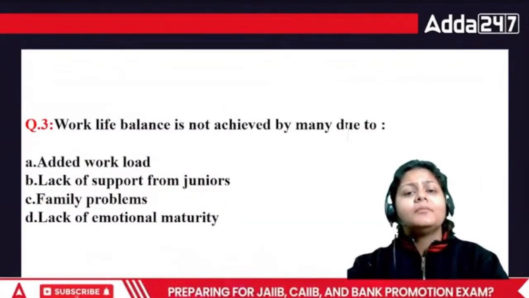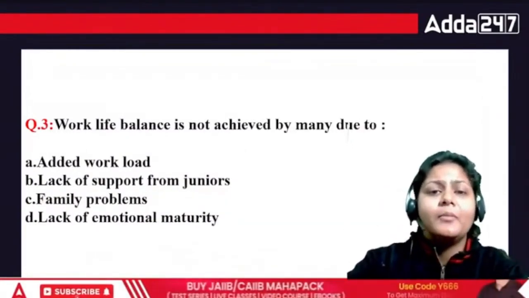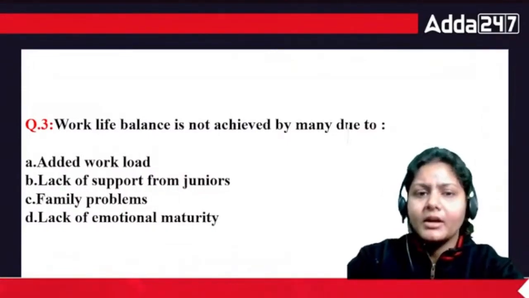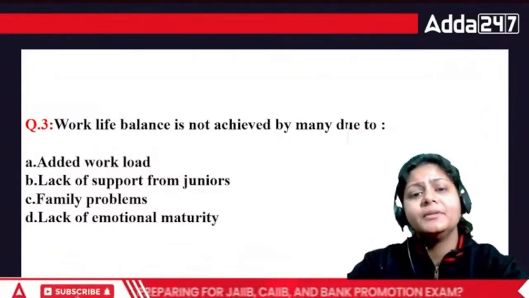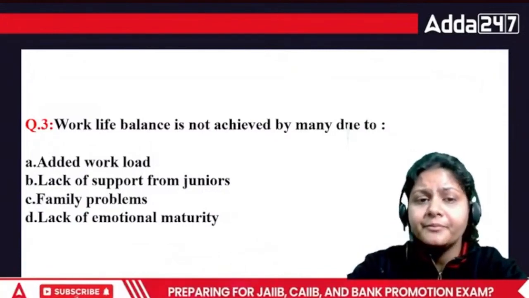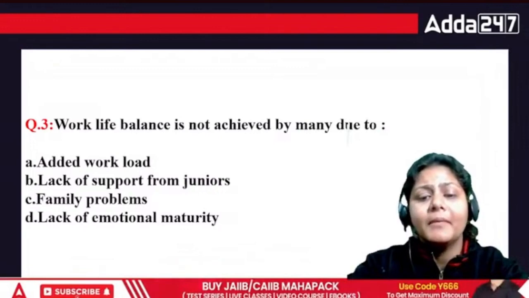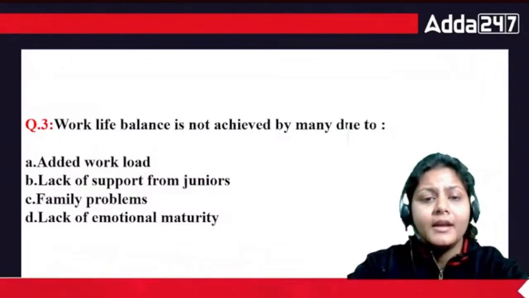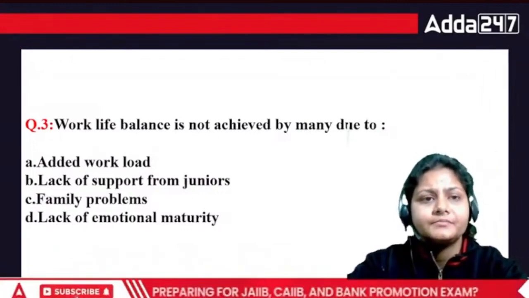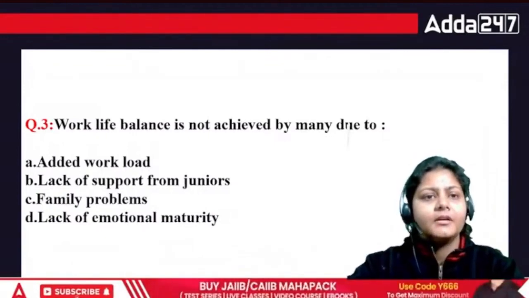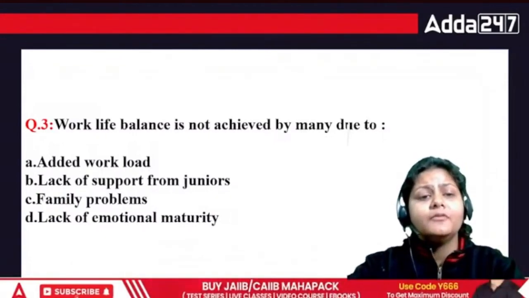Next is: work life balance is not achieved by many due to, option A, added workload, option B, lack of support from junior, C, family problem, and D, lack of emotional maturity. Which one is the right answer? Here we are talking about work-life balance.